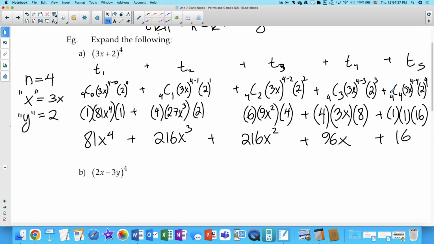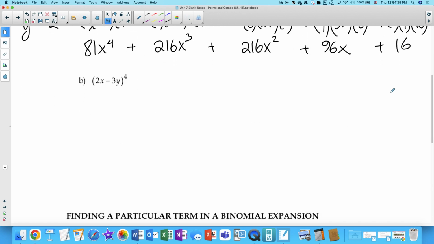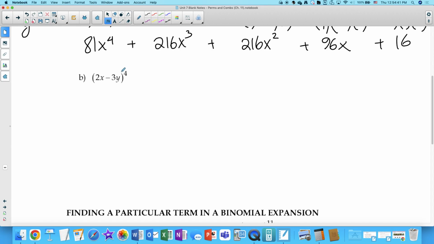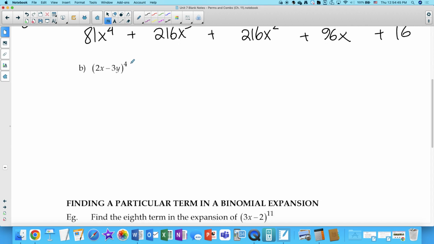Here's another one. So again, it's to the power 4. Okay, so our n value is 4. Okay, the x part is 2x, and the y is negative 3y.